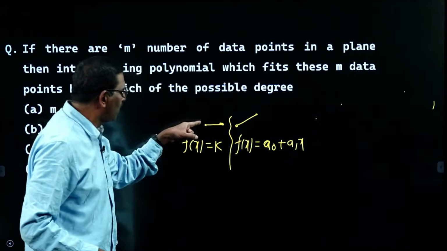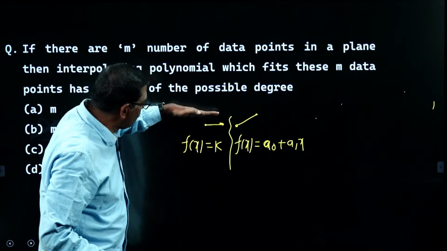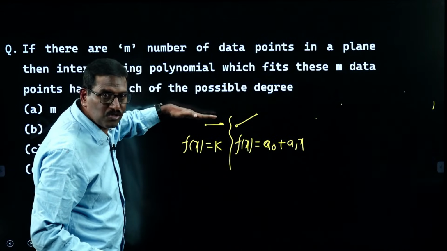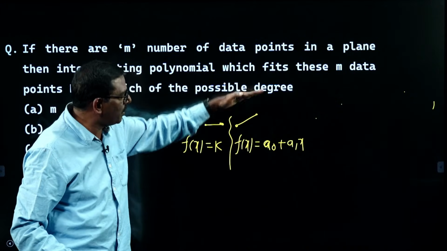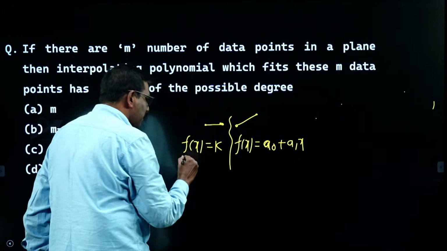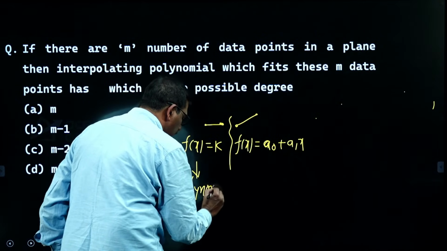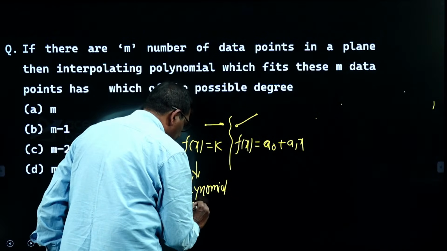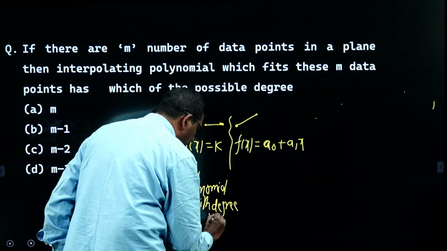See this, very clear. If there are two data points in a plane, the best fitting curve is a straight line like this with no slope, means with slope 0, and a straight line like this with some slope, maybe like this or maybe like this. A straight line like this is a polynomial with degree 0, or not? This is the interpolation concept already you know.